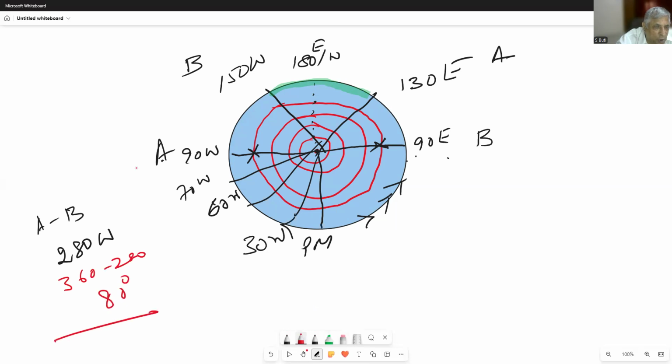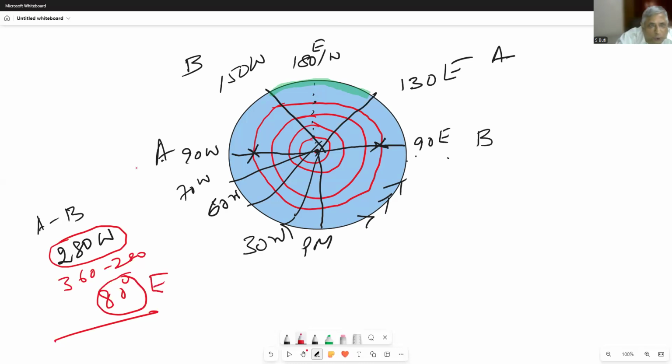We will say dlong between A and B is 80. Here, the difference that you can do is, here A is east and B is west. So your 280, our earlier answer was 280 west, but now answer will be 80 degrees east.